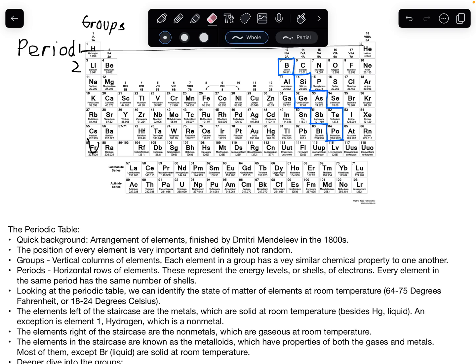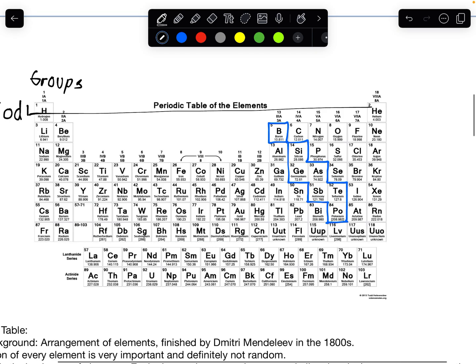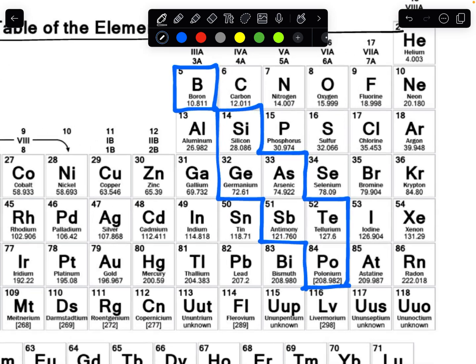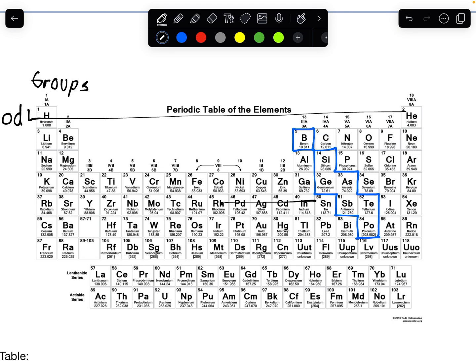So now let's look at the periodic table. There are different types of states of matter that the elements share. For example, everything on the left of this staircase that I've drawn, the staircase usually appears in most periodic tables, is called a metal.